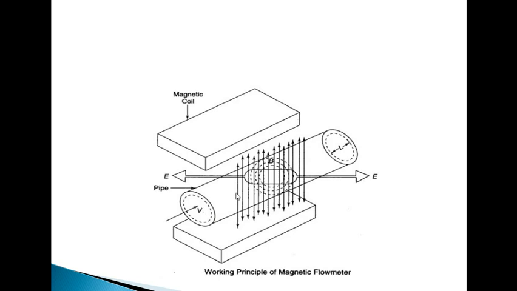Consider this pipe to be non-conductive. On each side, electrodes are placed. These magnetic coils are establishing the magnetic fields like this. These are the magnetic flux lines, and they are perpendicular to the electrodes placed here. The distance between these two electrodes is given by L. So this is the general diagram.